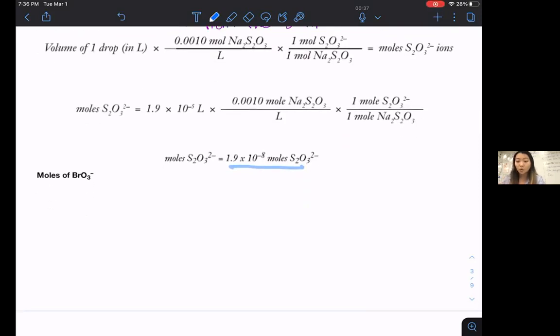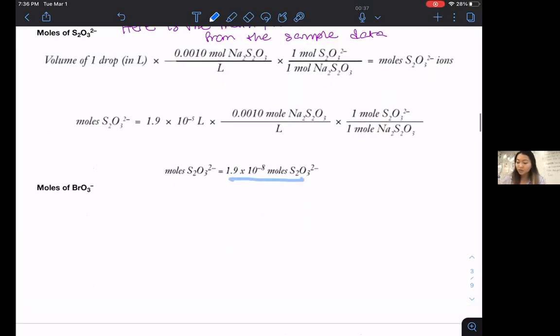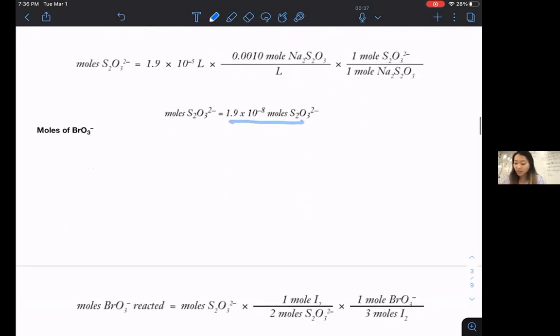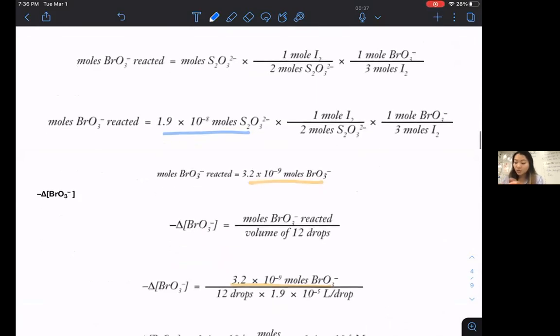Unit tracking is going to save you. Once you get the moles of persulfate ions, you go to the next portion where you use your 2 sequential reaction steps and their molar ratios with your intermediate as the bridge between them in order to calculate the moles of bromate ion.